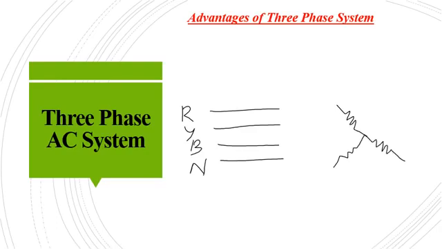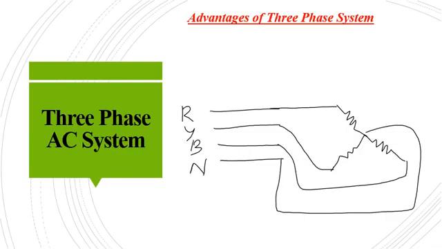One end will be connected to the R phase, the second to the Y phase, and this to the B phase, then the common point to the neutral. Here we can see that only 4 conductors are used, and all the loads are connected between a phase and the neutral.